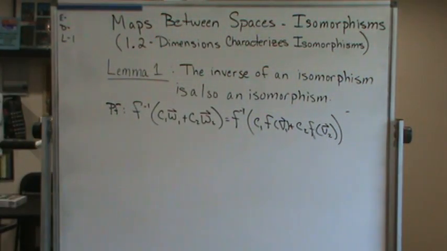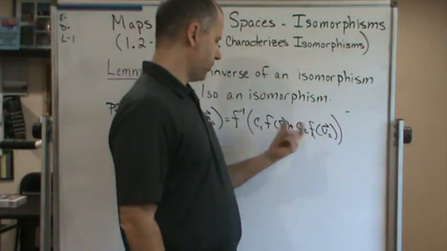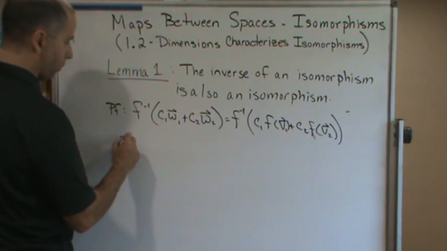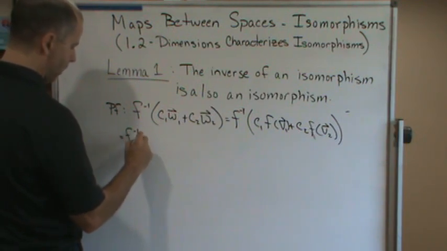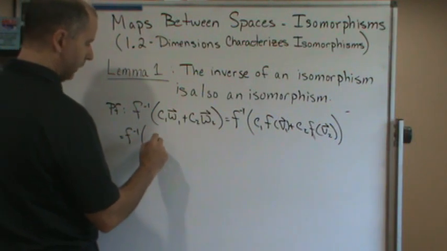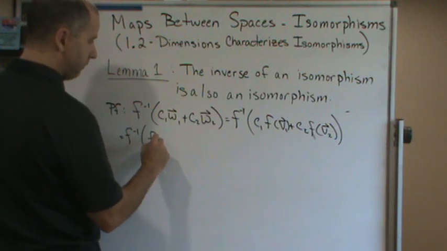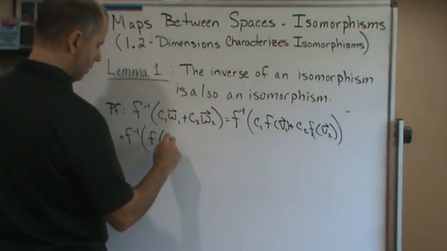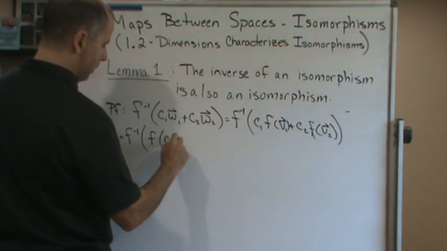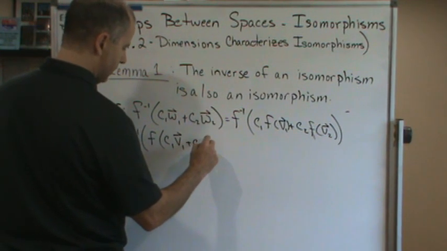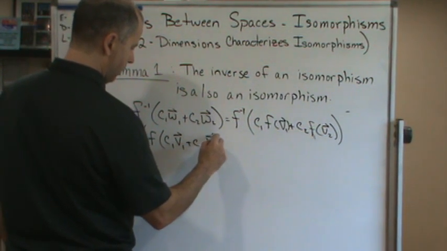Now we know that f preserves linear combinations, so let's use that. We bring in the combination, so this is now f inverse of f of C1 V1 plus C2 V2.